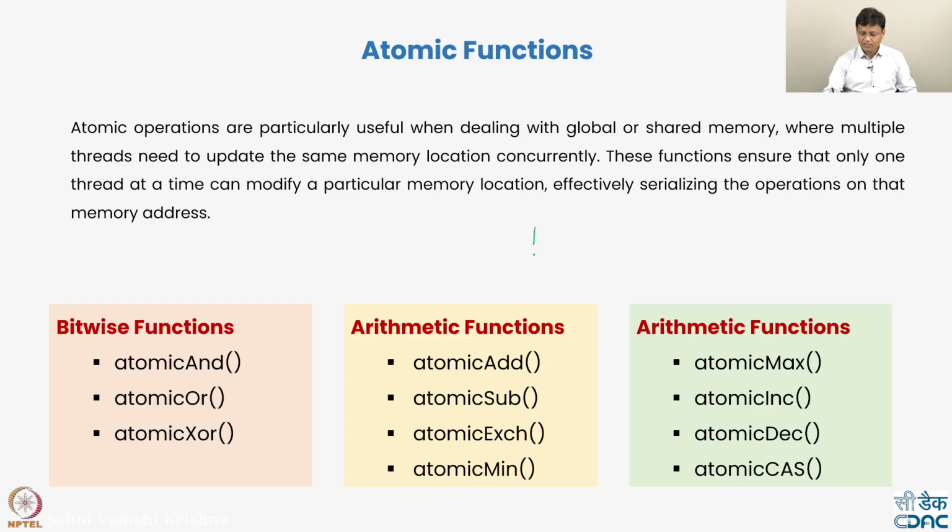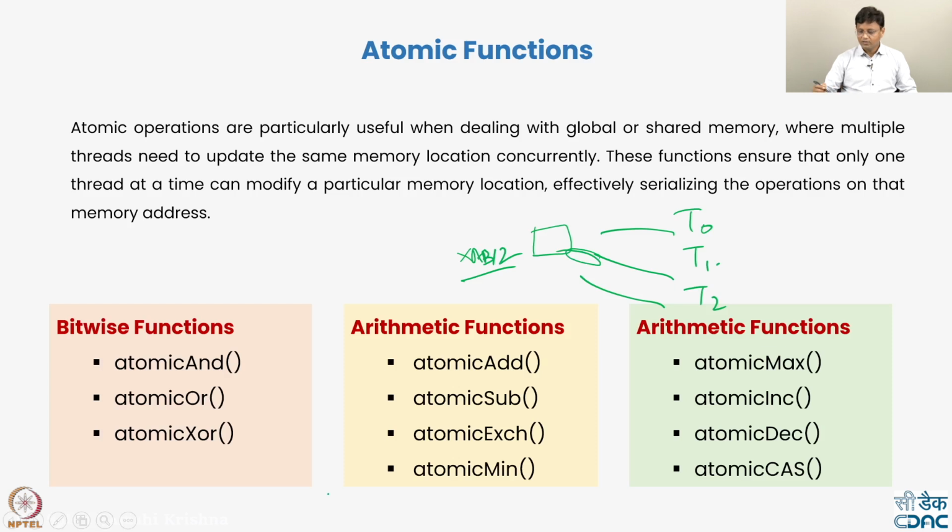Suppose there is one memory location, say some physical memory location, and multiple threads T0, T1, T2 are trying to access it. The atomic function says that at a particular time it is held by only T0. When T0 releases it, only then can it be held by T1.